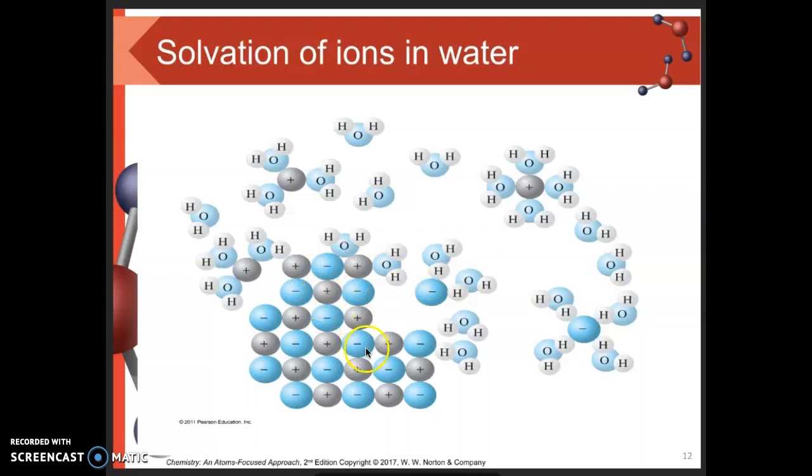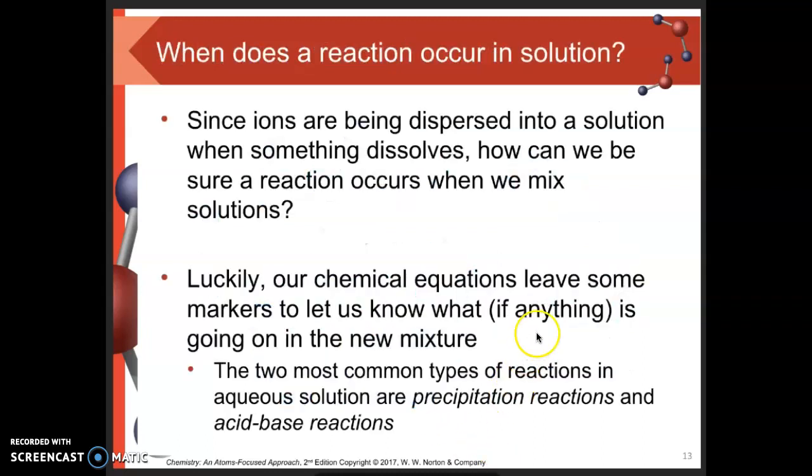Now, why is this important? Why do we stop to look at this particular detail? Well, if we're examining the concept of solutions from the perspective of ions, then we have to be sure that when we combine solutions together, we actually know that something happened.